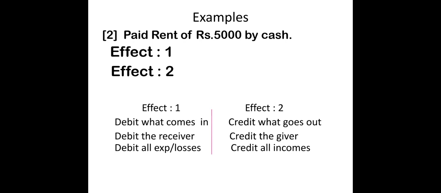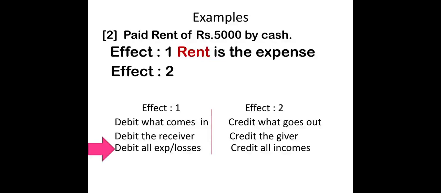So in effect number 1, the last one is applicable. So we can write like this. The rent is the expense. Okay, so we are applying the last one. Rent is the expense. Okay, done. Now student, in effect number 2. Effect number 2 is same. You can easily decide because you have already solved transaction number 1.